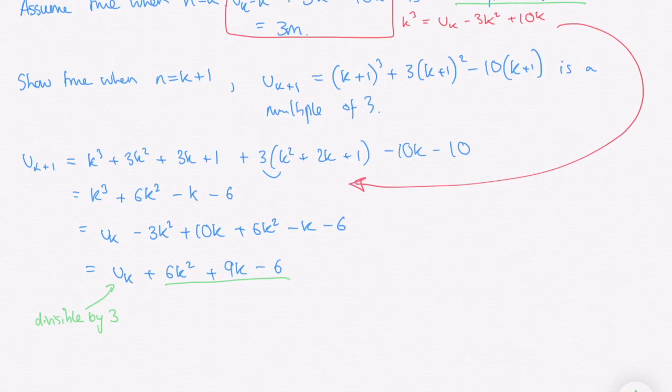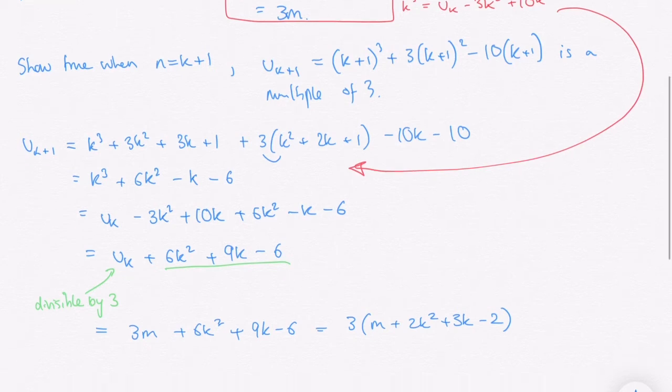So we can see that the whole expression is definitely divisible by 3. And if that is not convincing enough for you, we can let u_k equal 3m. So we get that this is equal to 3m plus 6k squared plus 9k minus 6, and take a factor of 3, and we can see that this definitely is a multiple of 3.